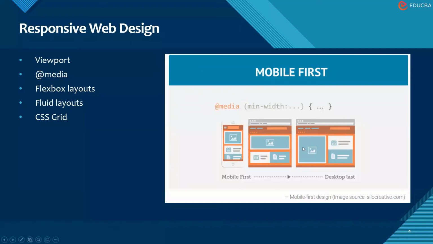So if you see here, this is how it's going to be. We have an image over here, and then we have content. It looks like a calendar. And then we have another image over here. When this particular website goes to a bigger screen like this, probably a tablet or a smaller computer screen or smaller laptop, then this image needs to get expanded like this.